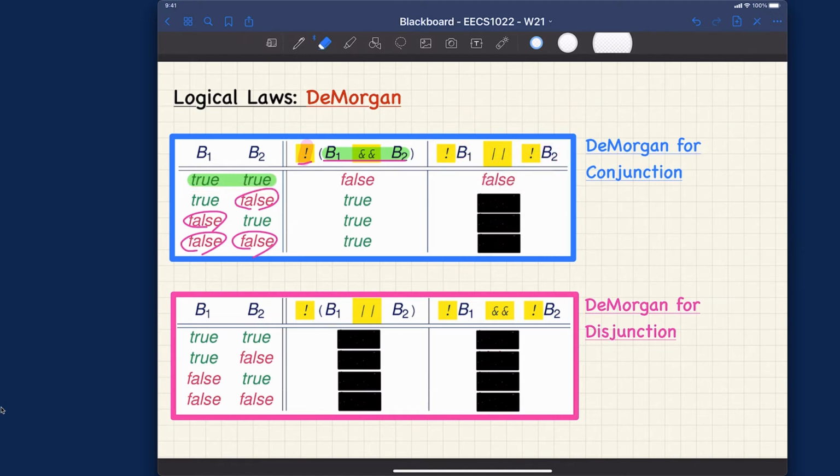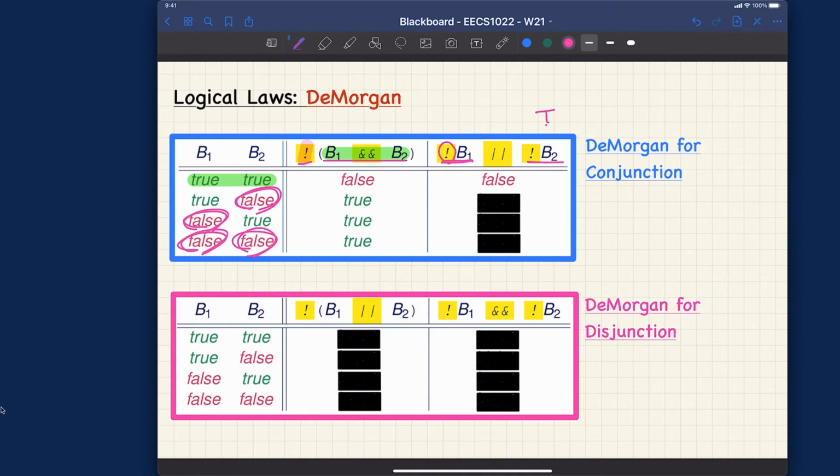What about the rest of the rows? For the rest of the rows, you can see at least one of them, either or both of the operands, are false, meaning that either one of them is going to be negated. So false negated will be true. Either operand is going to be false and negated, and that will be true.